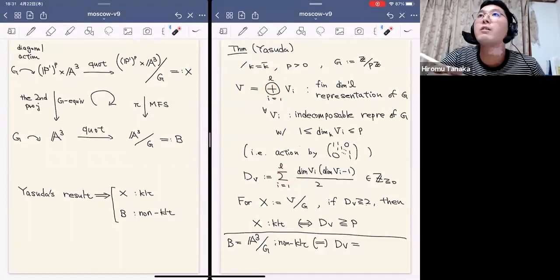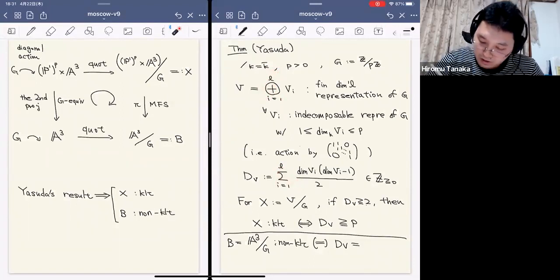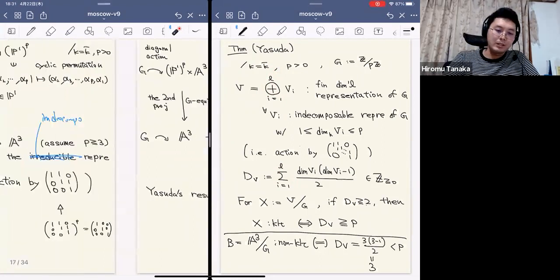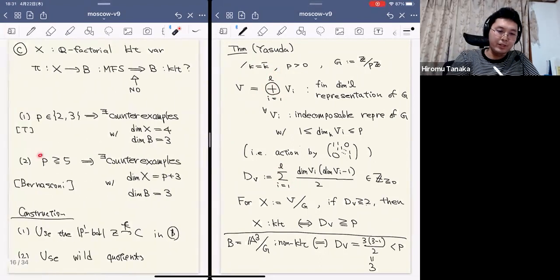Sigma is not here, so this is just 3 times 3 minus 1 over 2. And of course, this is 3. And here, we use the assumption that P is at least 5, which is written here. This assumption comes from here.